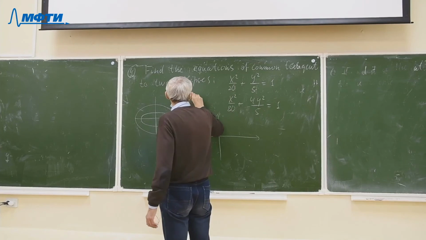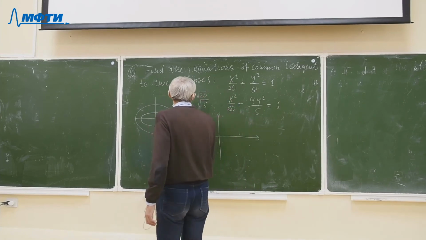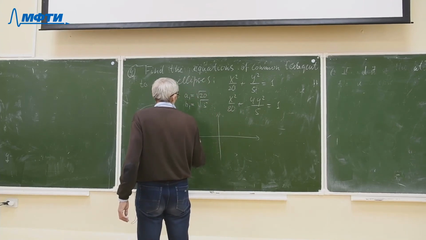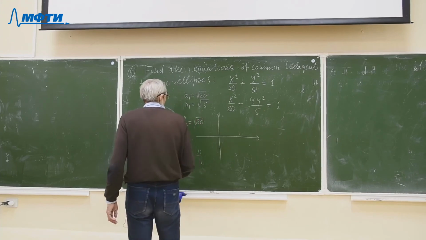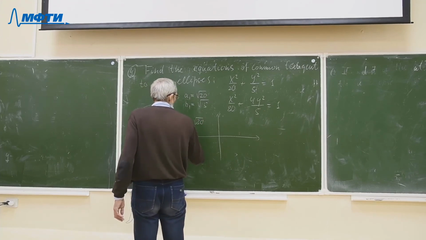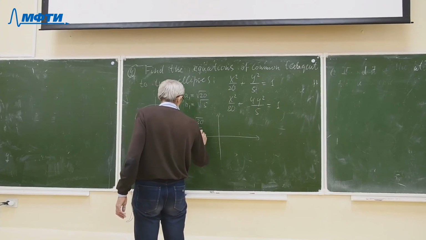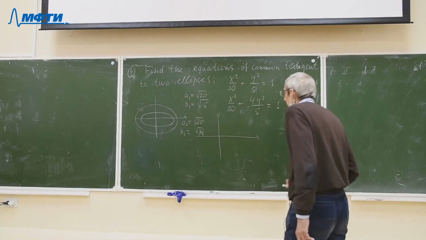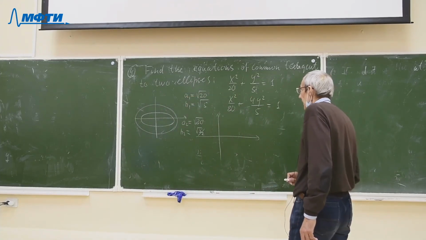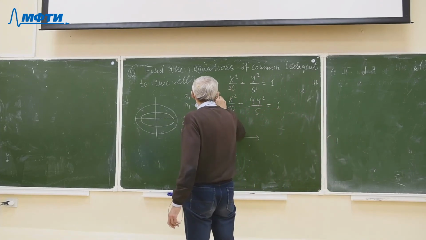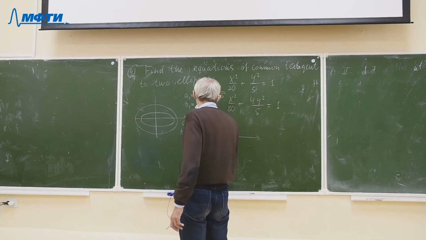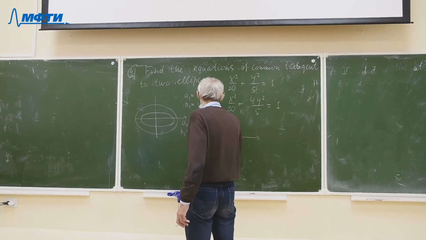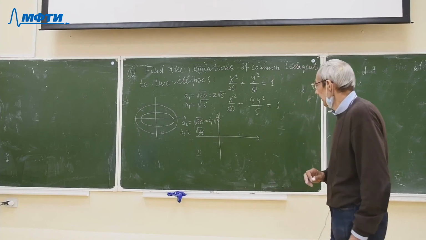For the first, a1 is equal to root square of 20, b1 is root square of 5. For the second ellipse, a2 is equal to root square of 80, b2 is root square of 5 divided by 2.